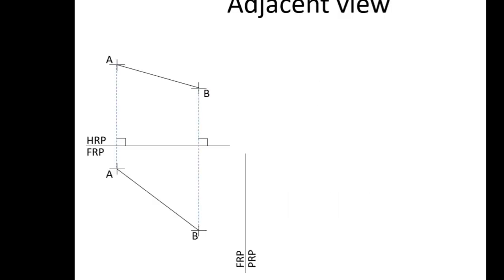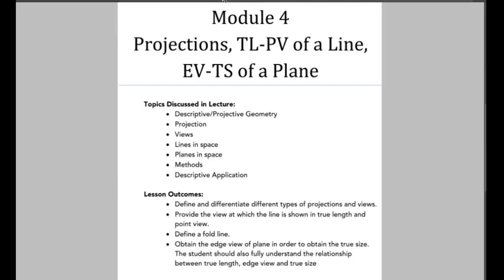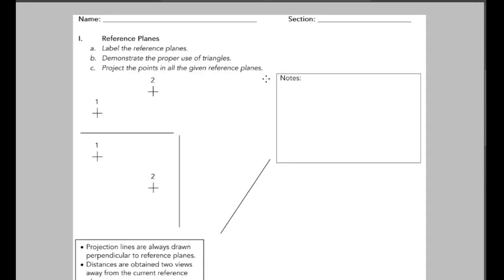Okay, so let's try to draw an adjacent view. And for this one, let me use our modules. This is page 1. Let's do page 2 of our module. Let me just readjust my working area. Okay, so let's do this one.